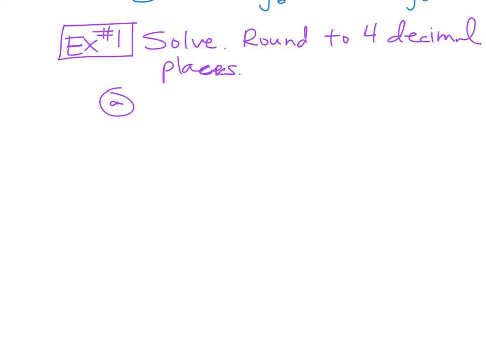Here it is. First one. If we have 16 to the 3x power is equal to 8. Okay, now we do not have a nice, easy way to solve that. So instead, we bring logs into the picture, and then it actually is pretty simple when you use logs with this. So the first step we said was to isolate the exponent.